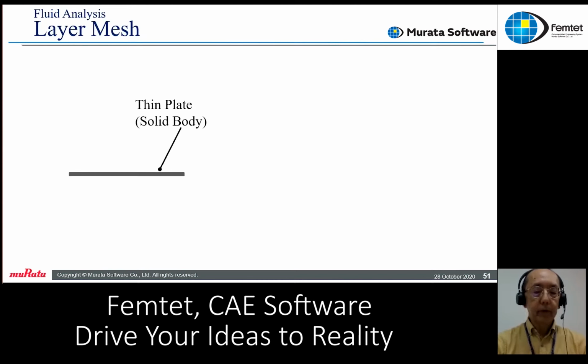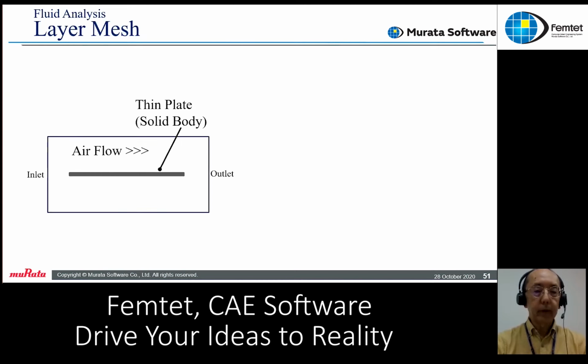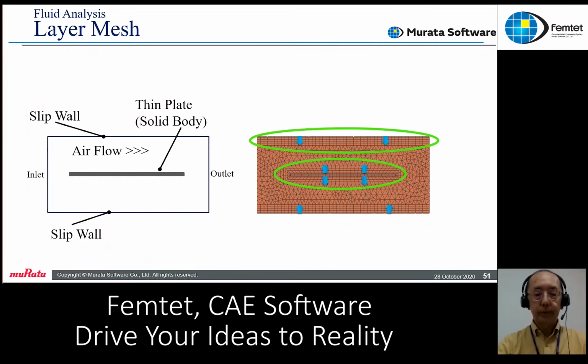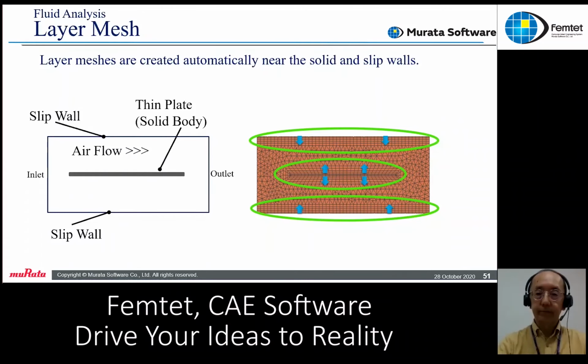The airflow is from the inlet to the outlet, and the slip walls are set. And meshing. Near the solid body and slip walls, the layer meshes are created automatically. That will give more accurate simulation.